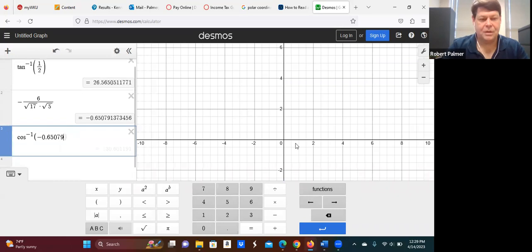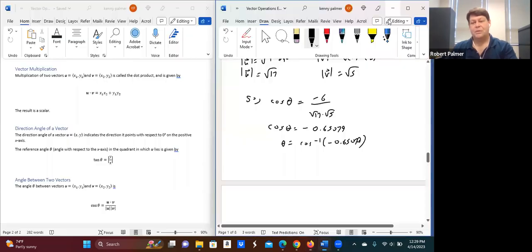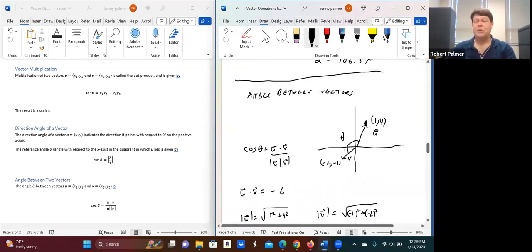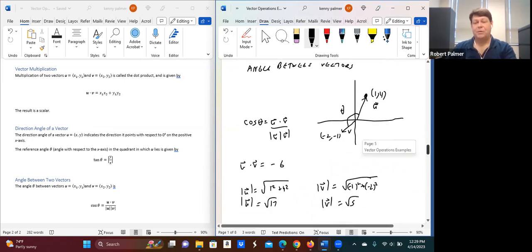And that's, as you can see, approximately 130.60 degrees. Okay, we'll also make sure it looks reasonable, and based on our picture, those look fairly reasonable. That'd be the angle in between those vectors.